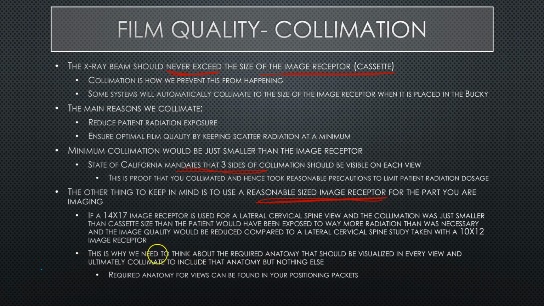So again, think about the required anatomy that should be visualized in every view and collimate to include that anatomy, but nothing else. But remember, you may still get some pieces of anatomy in there and you are still responsible for whatever you image.